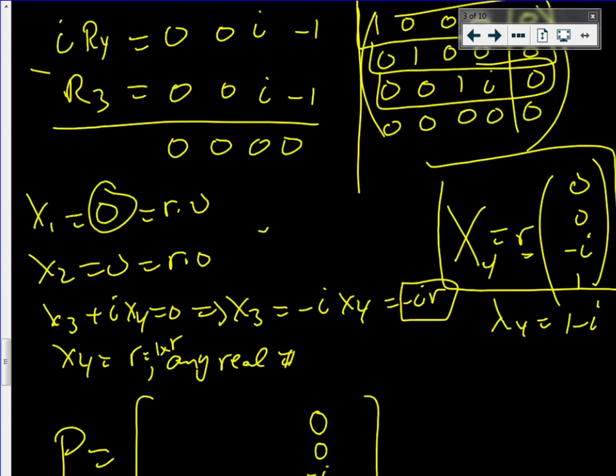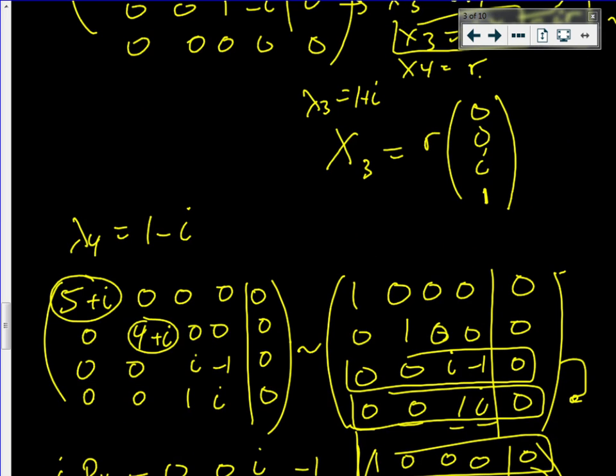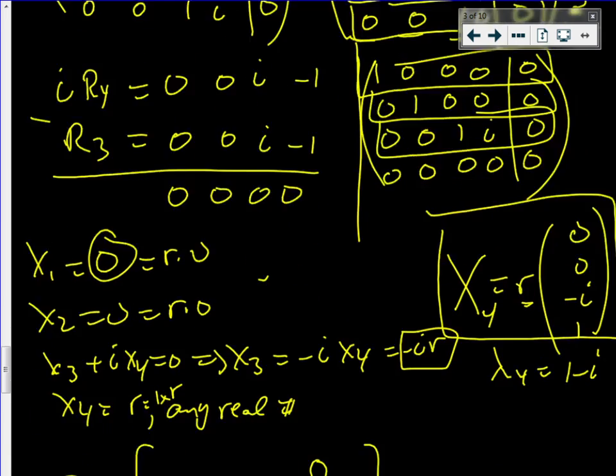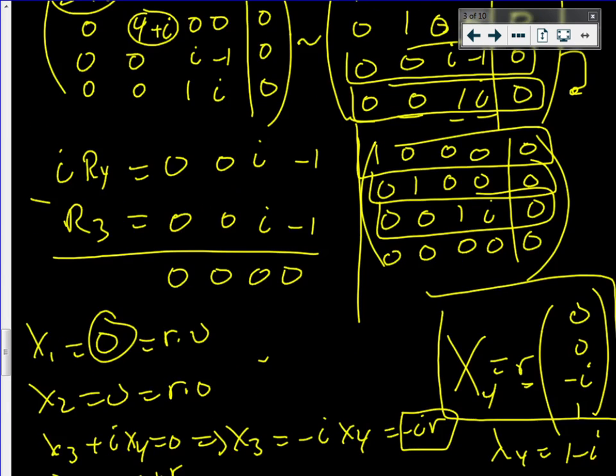And x3 is right here, 0, 0, i, 1. Let me confirm that.